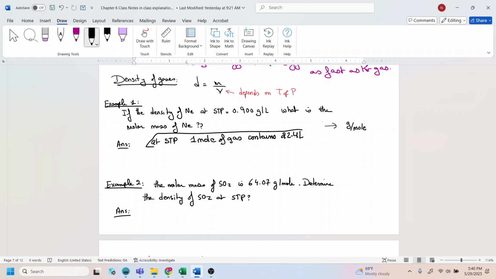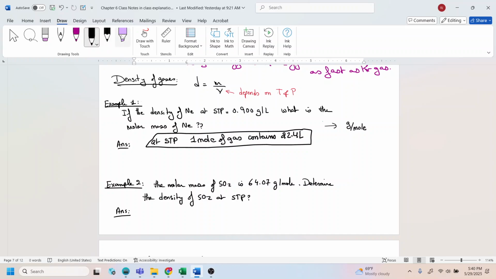This is a well-known fact that at standard temperature and pressure, 1 mole of gas corresponds to 22.4 liters of volume. And the reason why I need this information is because I can use this to cancel the liters and introduce the moles. So let's put our equation now.